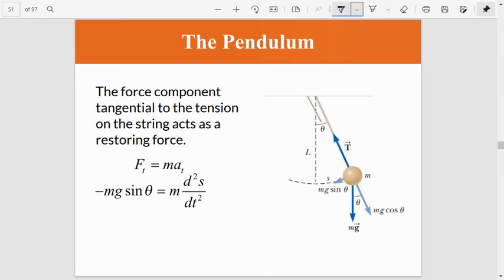There's a component of the weight of the bob that is perpendicular to the tension, and with some trigonometry, that component is mg sine theta.